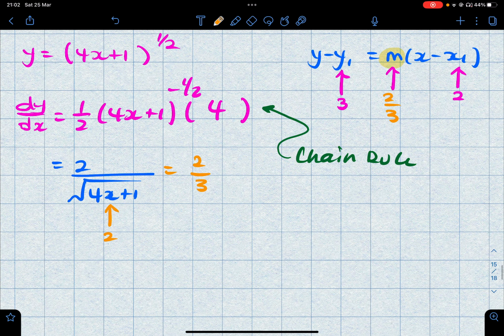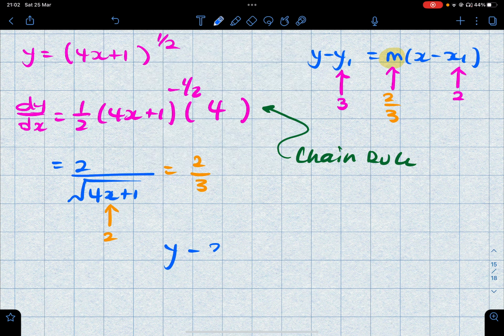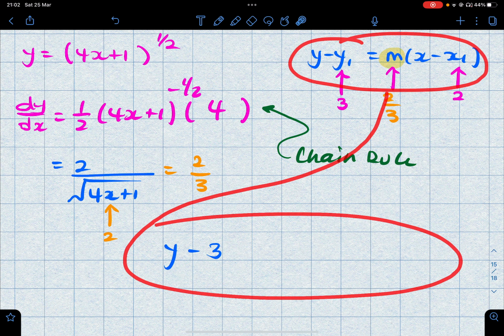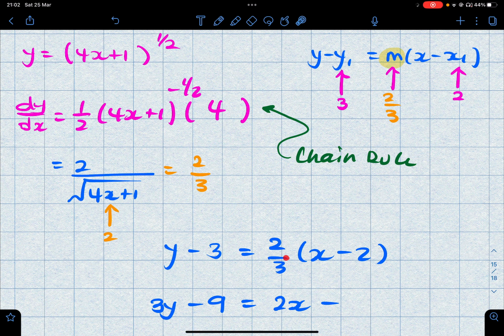So now we can write the final expression. y minus y1 becomes y minus 3. So I'm rewriting this here. And again, we can leave it like that, or you can multiply everything by 3 to get rid of that. So that becomes 3y minus 9 equals 2x, because the 3 will cancel with the 3, you get 2x minus 4.